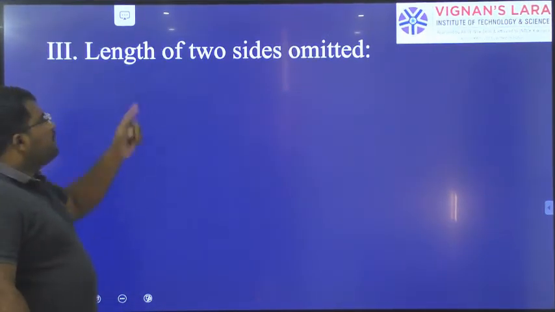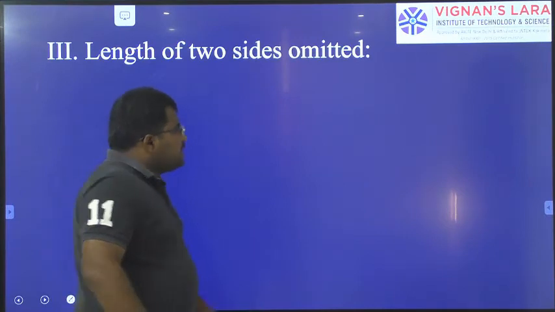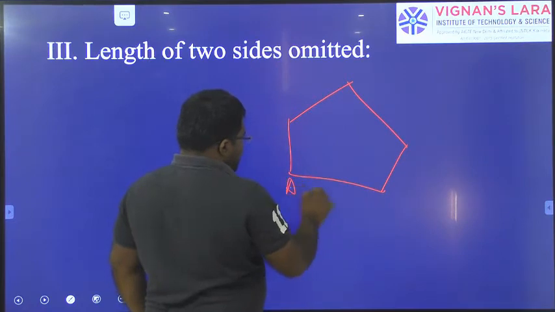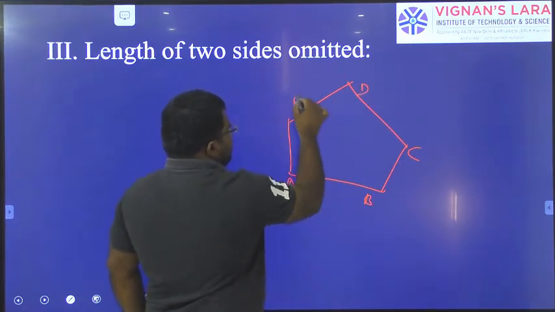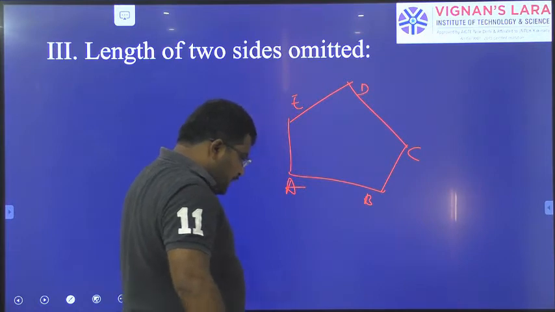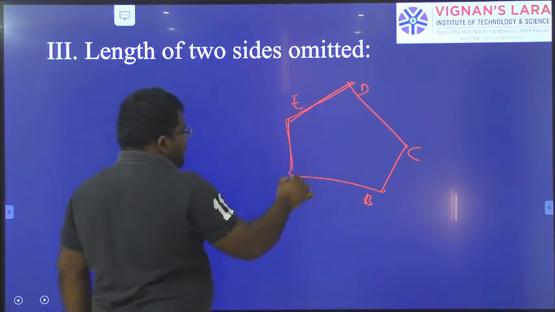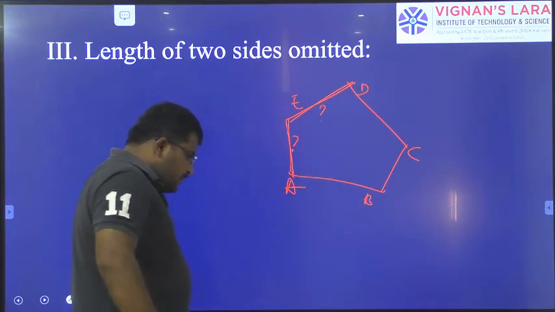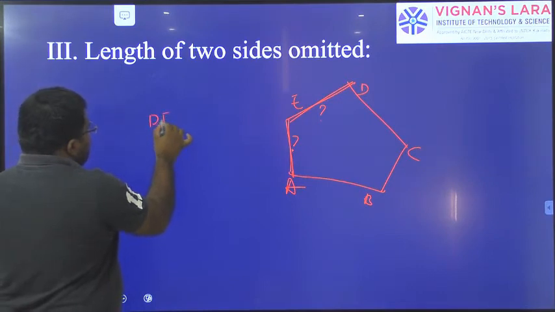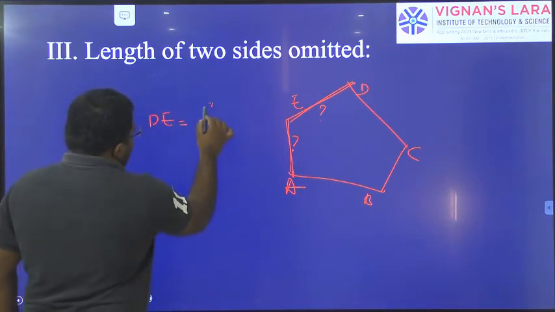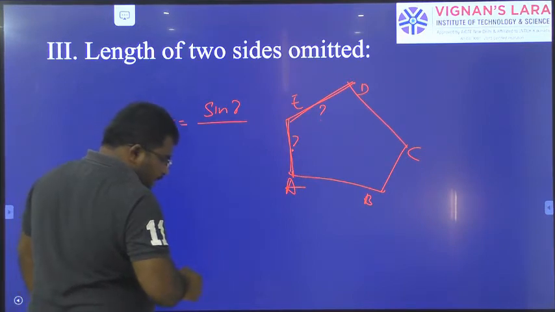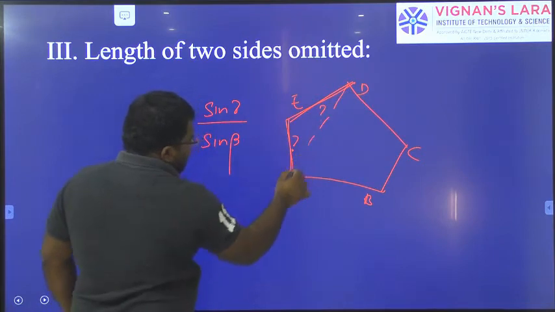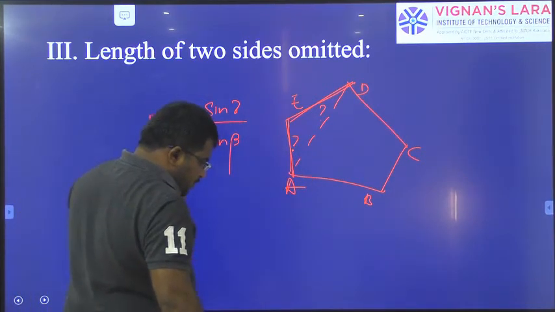So next, the lengths of two sides are omitted, right? So in the same figure, this is A, B, C, D and E. So here the lengths of both DE and EA we don't know. So now DE is equal to sin gamma divided by sin beta into DA.